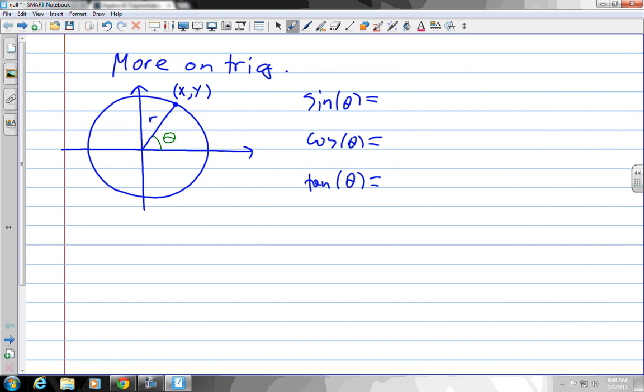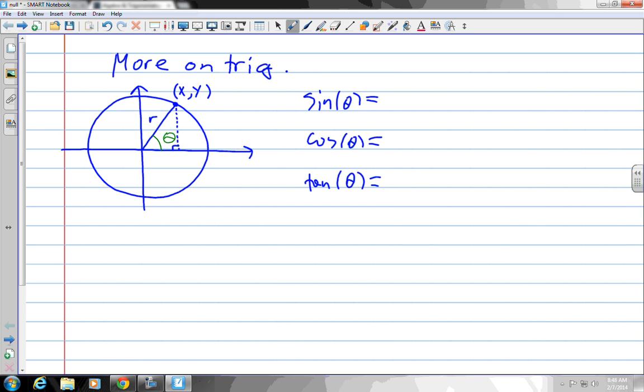So if I want to consider sine theta for this specific theta, the way we compute that is we drop a height from that point to form a right triangle. Sine is the ratio of the opposite side to the hypotenuse. What is the length of the opposite side here?